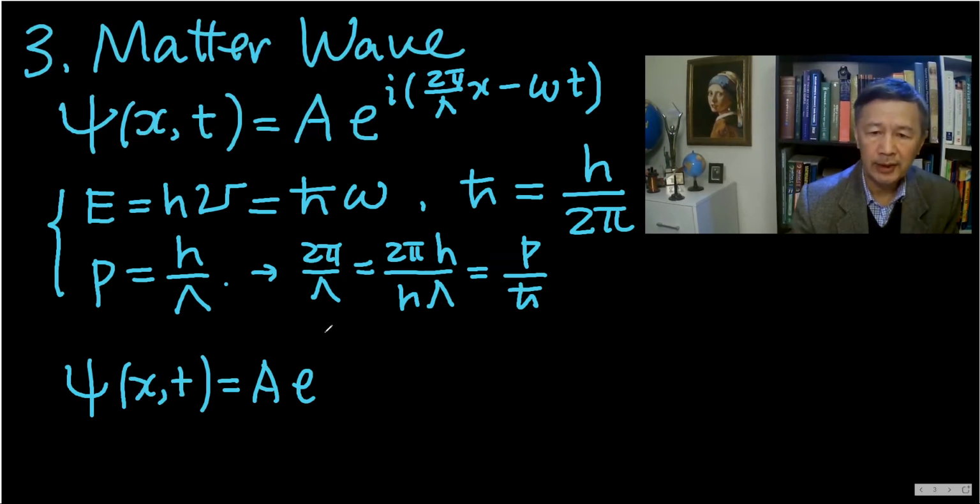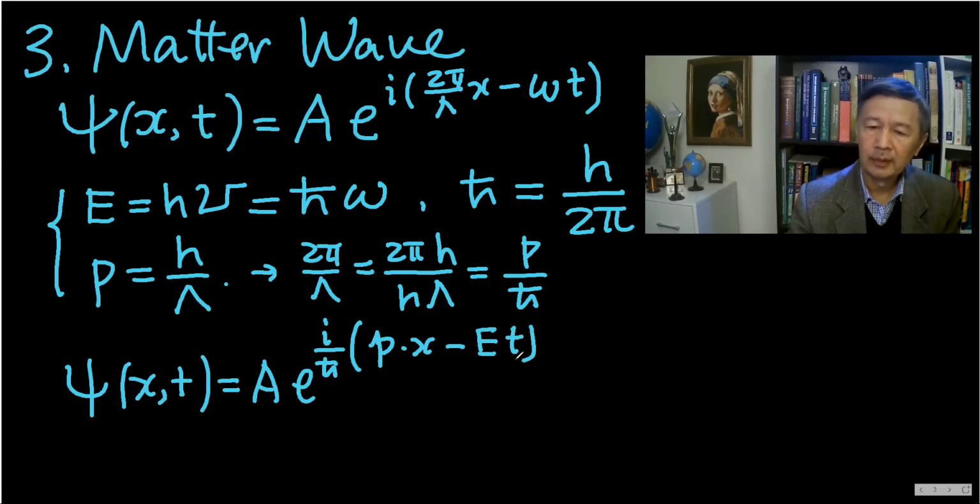So we can use i divided by h bar as the cofactor, times p multiplied by x, take away energy multiplied by time. So this is the wave function used in quantum mechanics to describe the matter wave. Any particle can be described by this wave function if the particle moves freely in space at a constant velocity.